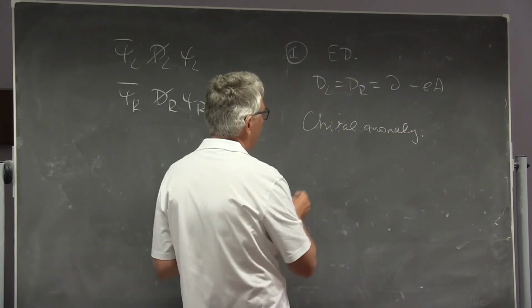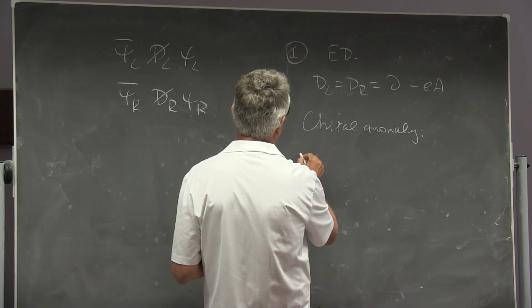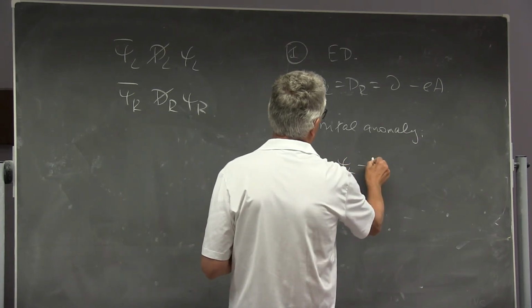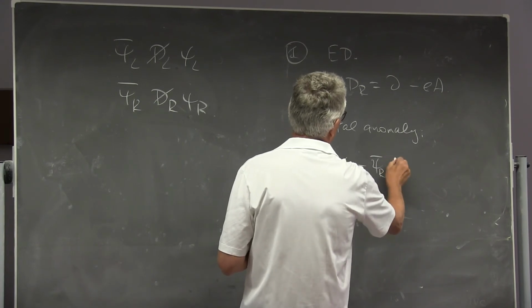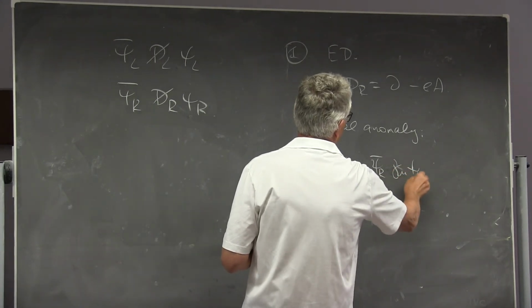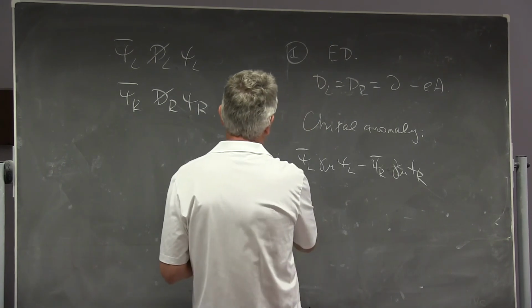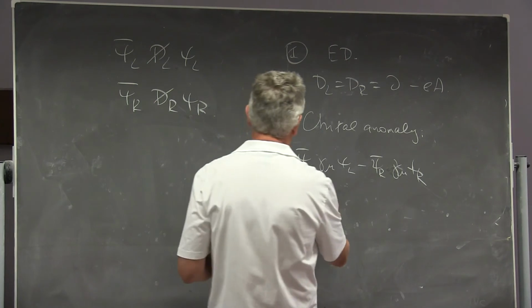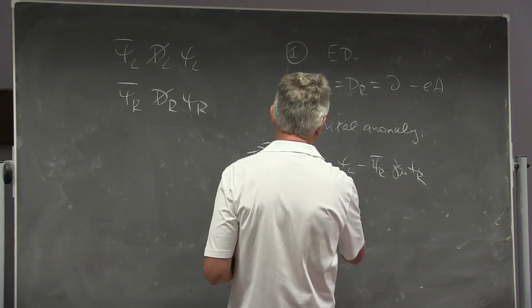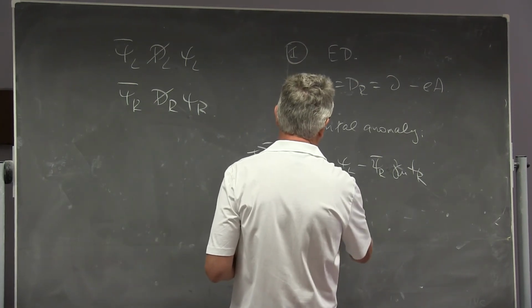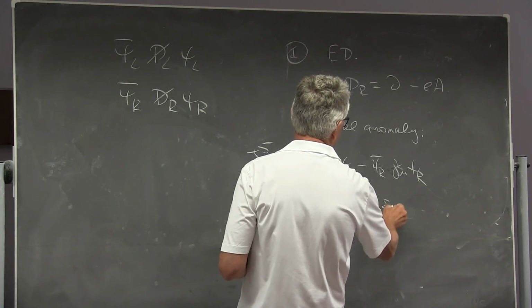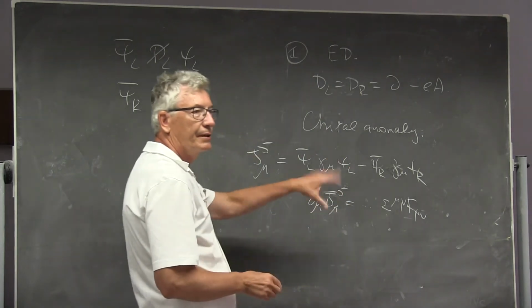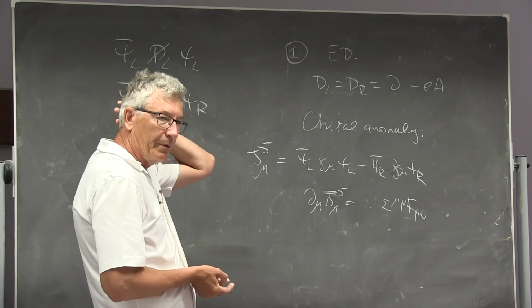So if you have a current like that, psi_L bar gamma^mu psi_L minus psi_R bar gamma^mu psi_R, this is j^mu_5, then this current is anomalous, and the divergence of this current, d_mu j^mu_5, is equal to epsilon^{mu nu} F_{mu nu}. And you have exactly the same as in normal electrodynamics.